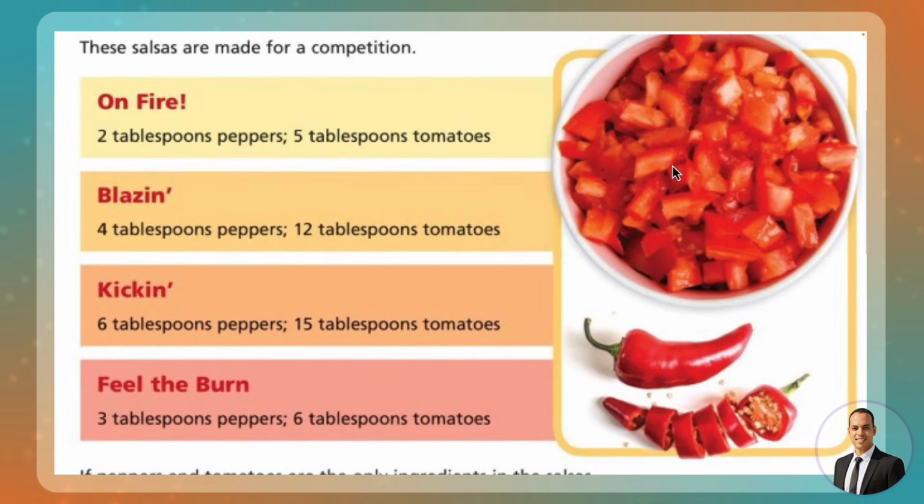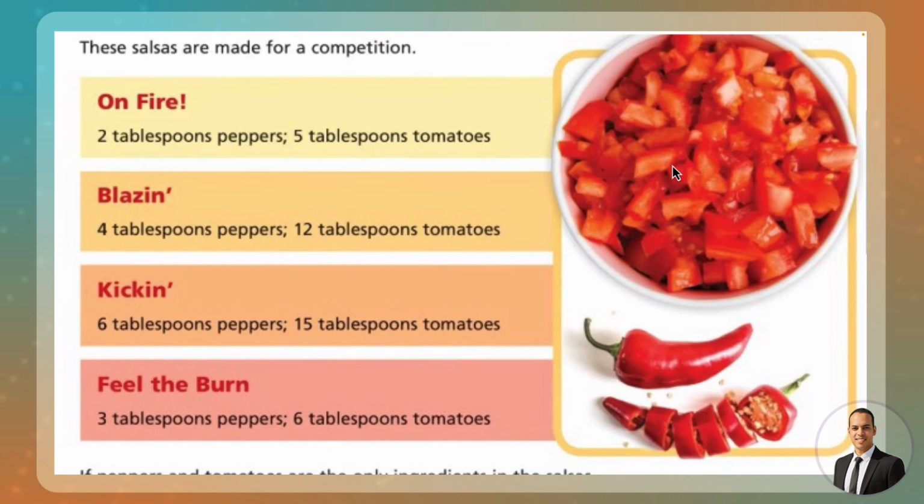So let's look again at the 4 types of salsas here. On Fire, Blazing, Kicking, Feel the Burn, you would see here different numbers in tablespoons peppers and tablespoons tomatoes. In order to tell if these 2 types should be named the same, they must have the same amount of peppers and the same amount of tomatoes.